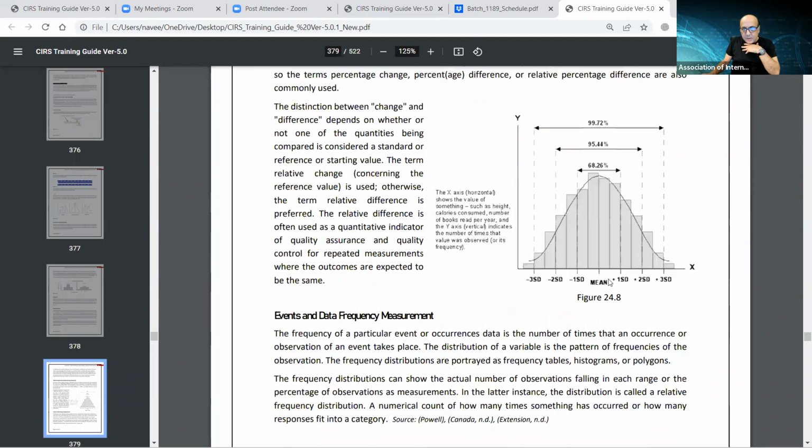Standard deviation is when, in a graph of X and Y, you've got a standard. Let's say you take the standard to be a mean right here, this bar, and deviation could be negative on the left-hand side because it is falling. The deviation from the center is falling on the negative side.